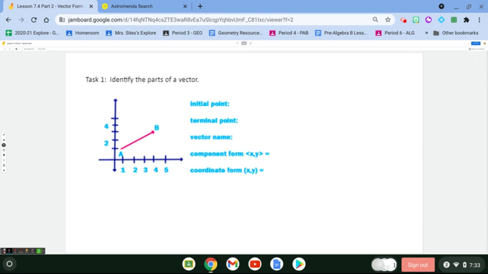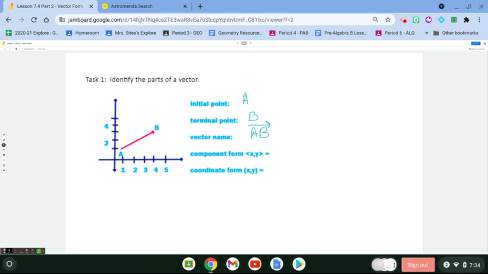If we take a look at this specific vector, our initial point is at A and the terminal point, where the arrow is, is at B. So we would name this vector AB, and it has to be in that specific order, with the initial point coming first, followed by the terminal point. For component form, we need to figure out the horizontal and vertical distances.